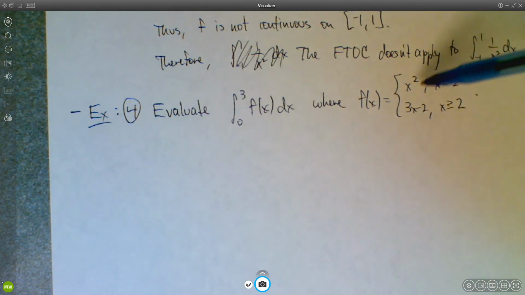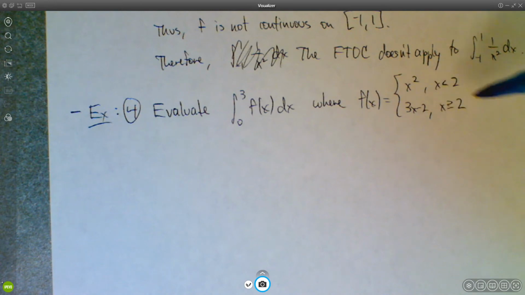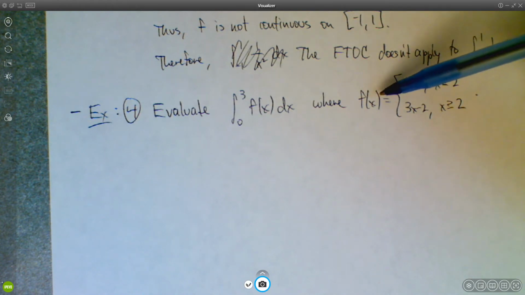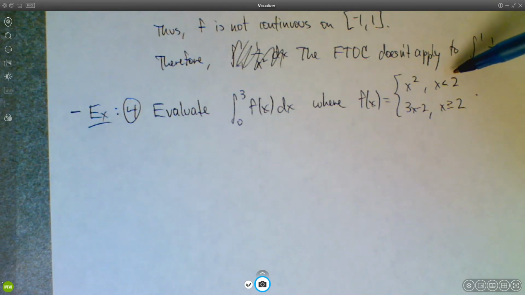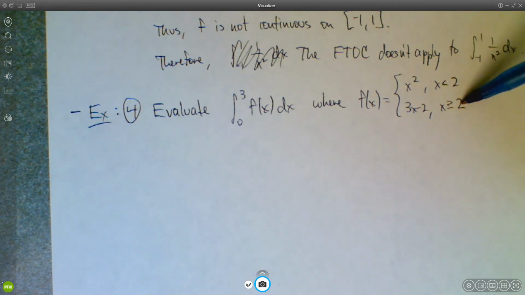Now, certainly each of the pieces is continuous, but the question is, do the pieces match up whenever the rule switches? So in other words, what is the limit as x approaches 2 from the left, and what's the limit as x approaches 2 from the right? And if those two limits match, then the function is continuous. So let's see.